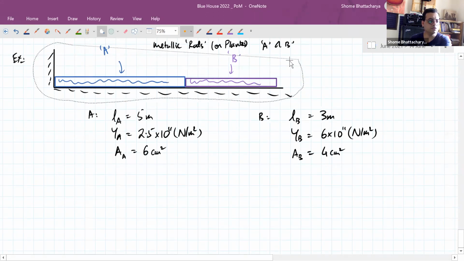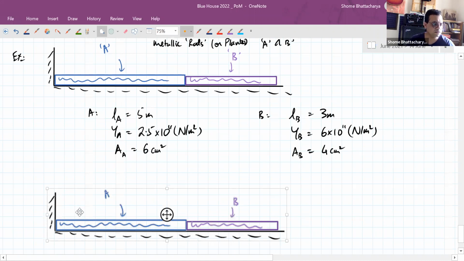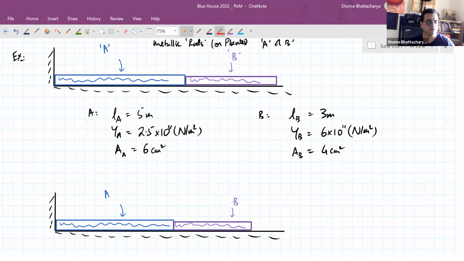We want to create a situation where something like this is going to happen, so this whole shape will be under deformation because of some external force that I'm applying.